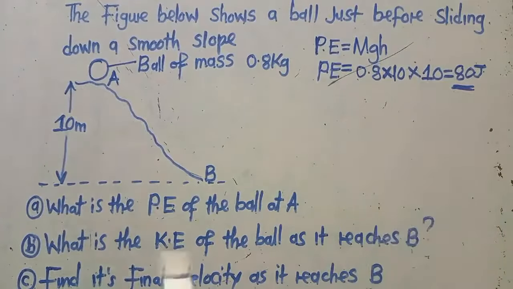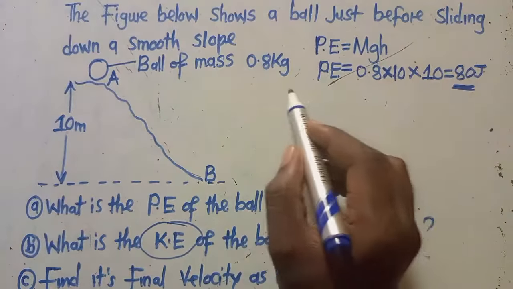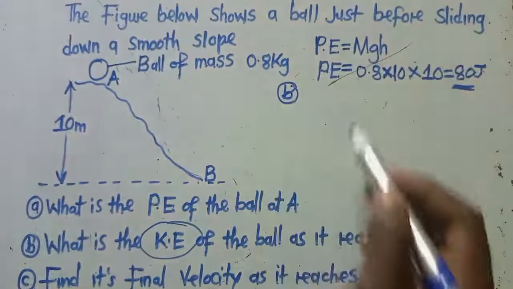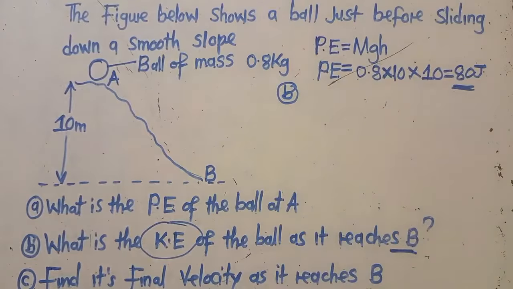Then I go to the next question. What is the kinetic energy, KE, of the ball as it reaches B? So we are answering question B. They want us to find the kinetic energy.